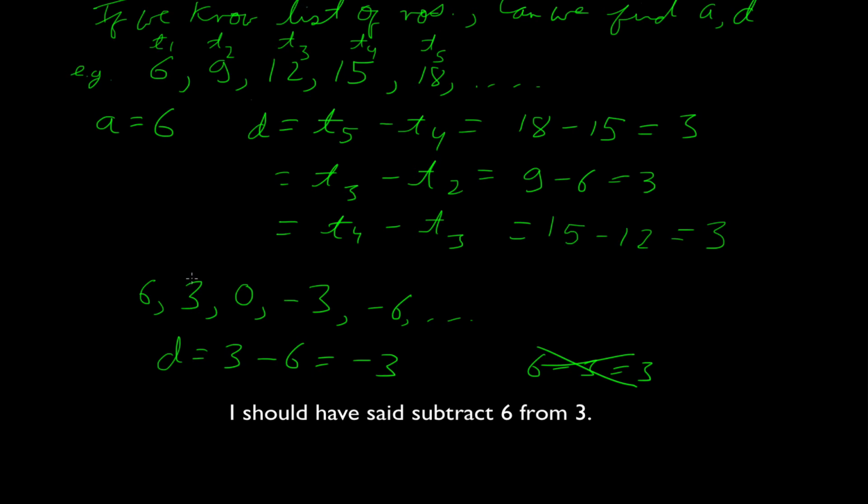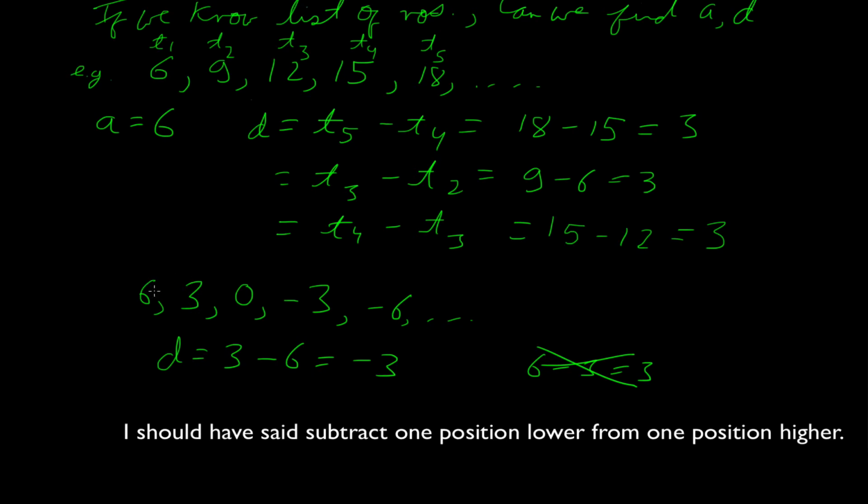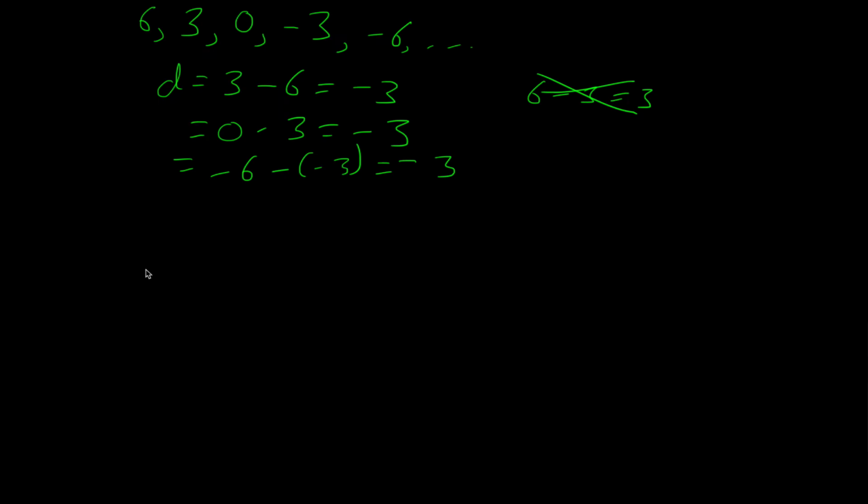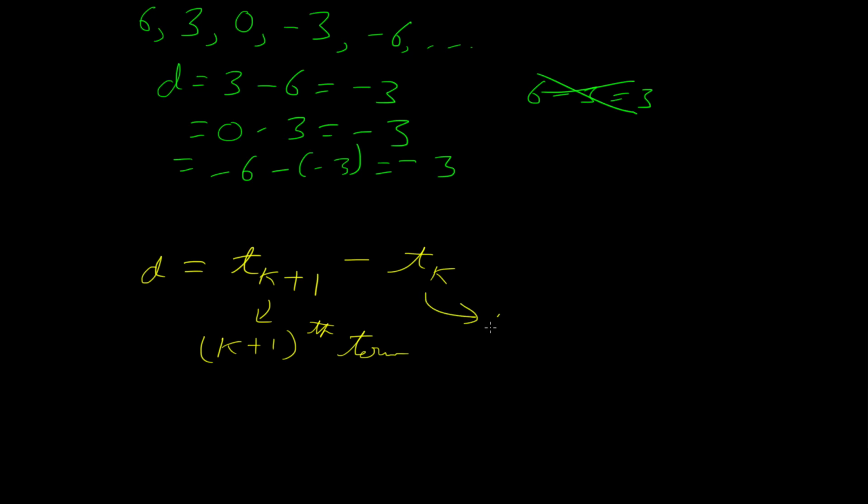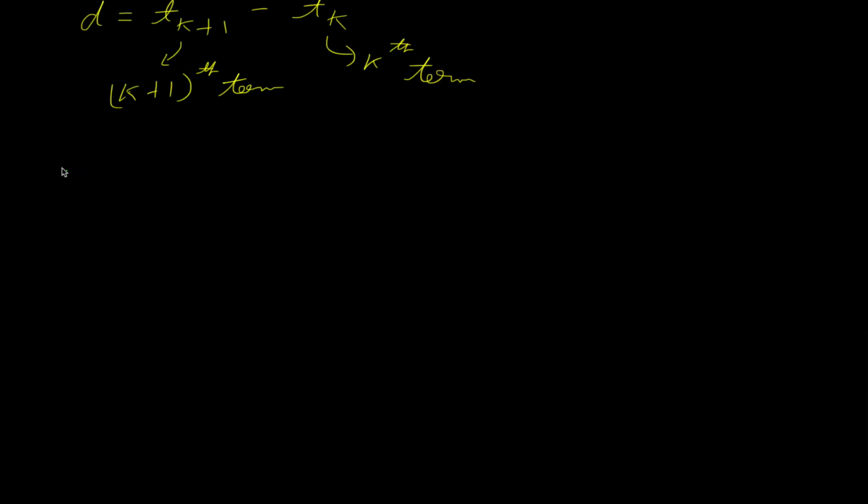So you always have to subtract the lower position from the one higher. So 0 minus 3 is -3, or -6 minus -3 is equal to -3. So in general, the common difference D will always be equal to t(k+1), that is the k plus 1 term, minus tk.